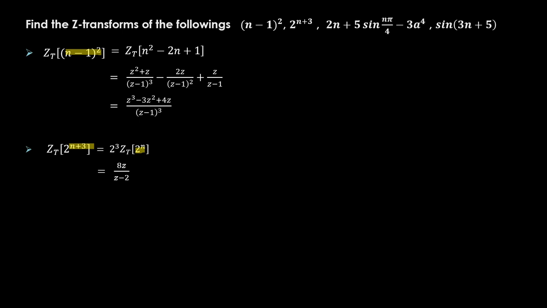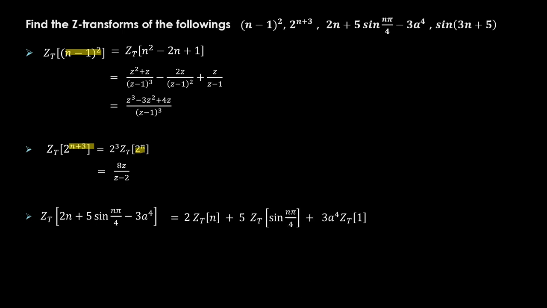The next problem, z transform of (2n plus 5) sin(n pi by 4) minus 3a to the power 4. It can be written as 2 times the z transform of n plus 5 times the z transform of sin(n pi by 4) minus 3a to the power 4 times the z transform of 1. Again, the z transform of n is z by (z minus 1) whole square.